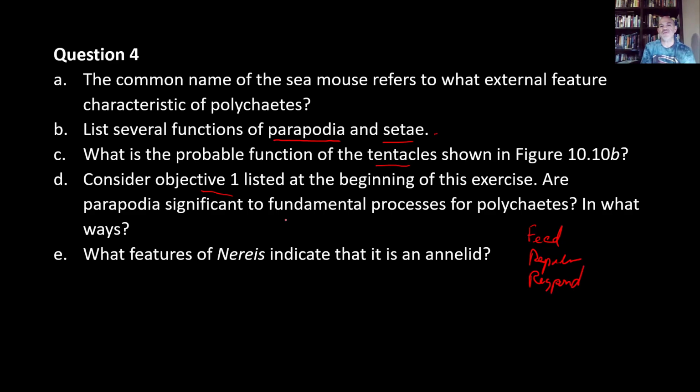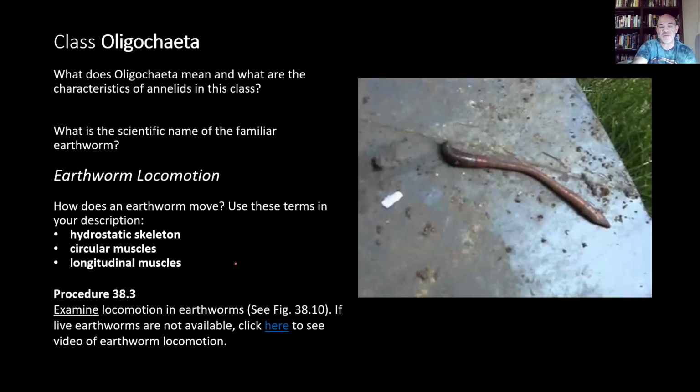So those parapodia have those bristles, the setae, that actually have sensory receptors on them, so they can sense chemicals in the water. And what features of Nereis indicate that it is an annelid? Remember, annelids are segmented worms, so you can obviously see the segments on there.